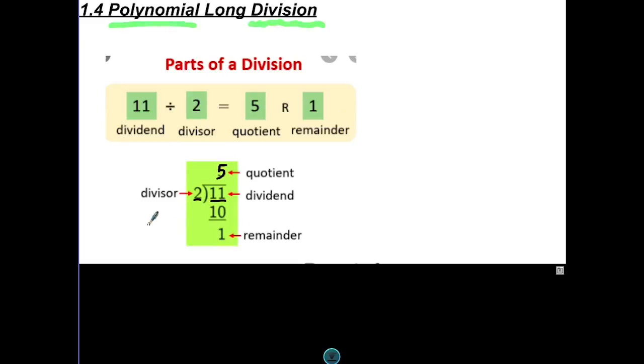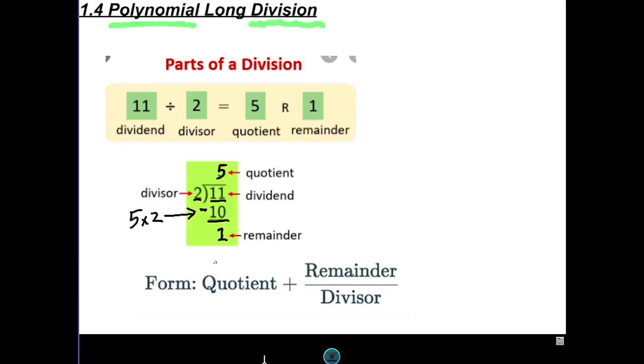Then we take the quotient and multiply it by the divisor. That goes underneath, and then we subtract. This now becomes our remainder. One of the ways that we talked about writing this is quotient plus remainder over divisor. So we would write this as 5, the quotient, plus the remainder 1 over our divisor.